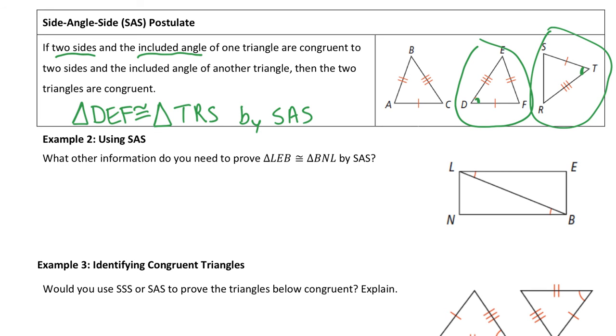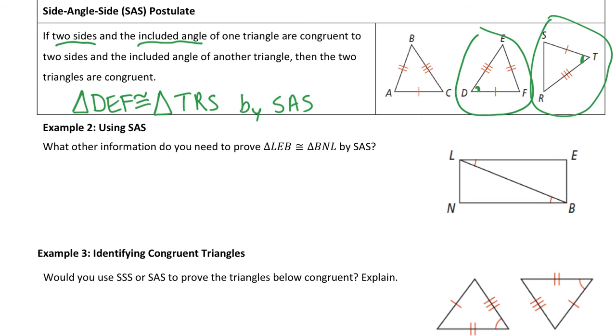An example of using this SAS postulate is, I'd ask you a question like, what other information would you need to know to prove that these two triangles are congruent by SAS? With these two triangles, we're given that this angle up here and this angle down here are congruent. One thing we can assume is that LB is congruent to LB by the reflexive property.